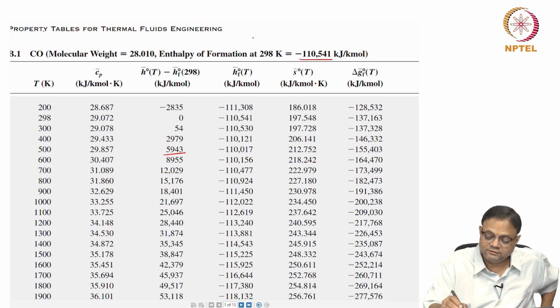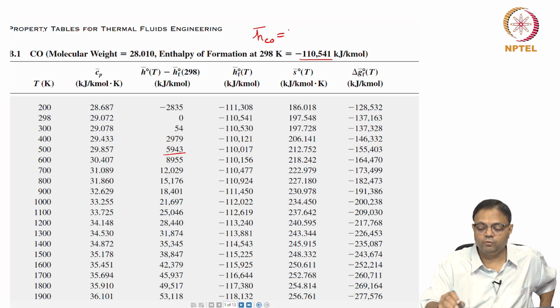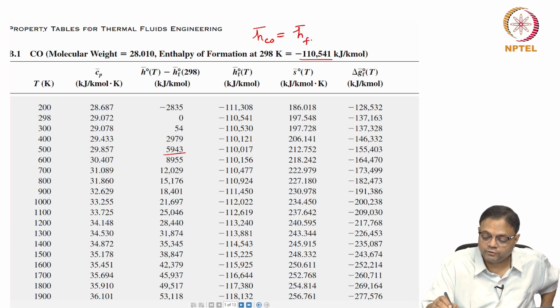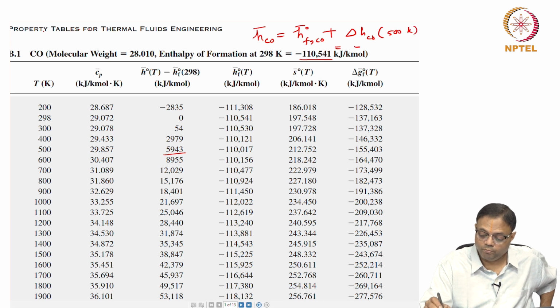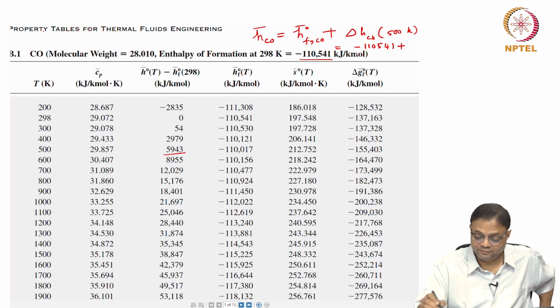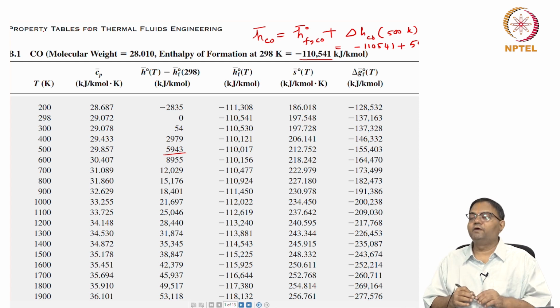So I will say the standard enthalpy of CO will be equal to enthalpy of formation of CO plus delta H of CO at 500 Kelvin, which is equal to minus 110541 plus 5943.